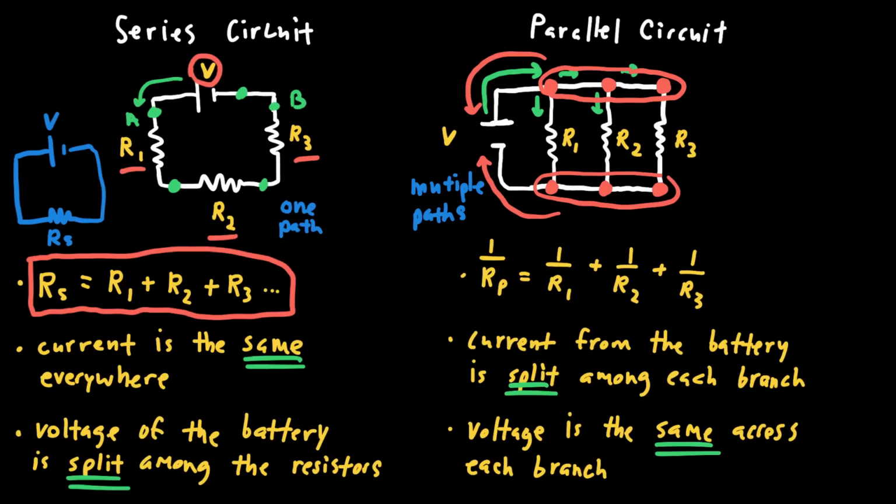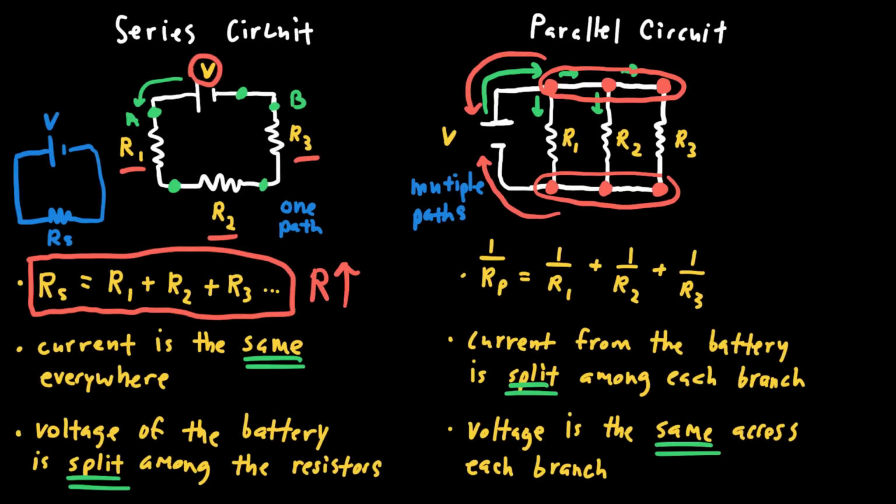And so for that reason, it should make some sense that for a series circuit, the equivalent resistance always goes up. If I add more resistors to a series circuit, the equivalent resistance will go up. Because if I add another resistor, the voltage is now split among the 4 resistors, and so the current drops. Each one experiences even less voltage drop.